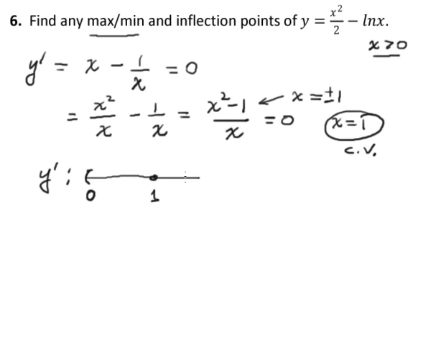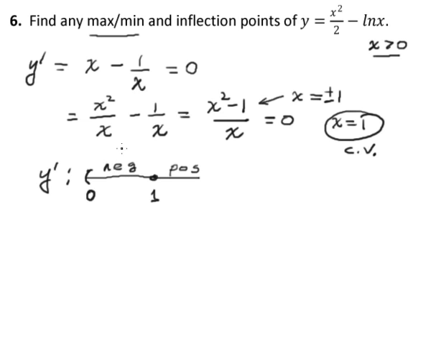To the right of 1, if we substitute in 2, for example, we have 4 minus 1 over 2, which is positive. So y prime is positive to the right of 1. And to the left of 1, if we substitute in a value between 0 and 1, let's say 1/2, here we have 1/4 minus 1, which is negative, over 1/2, which is positive, so that would be a negative quotient, so that's negative.